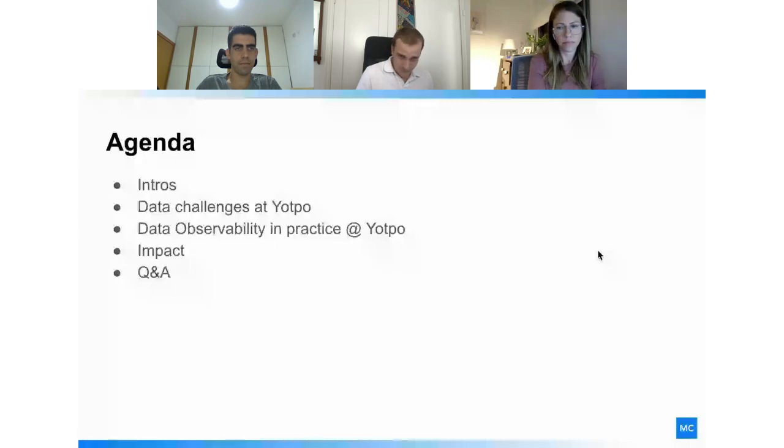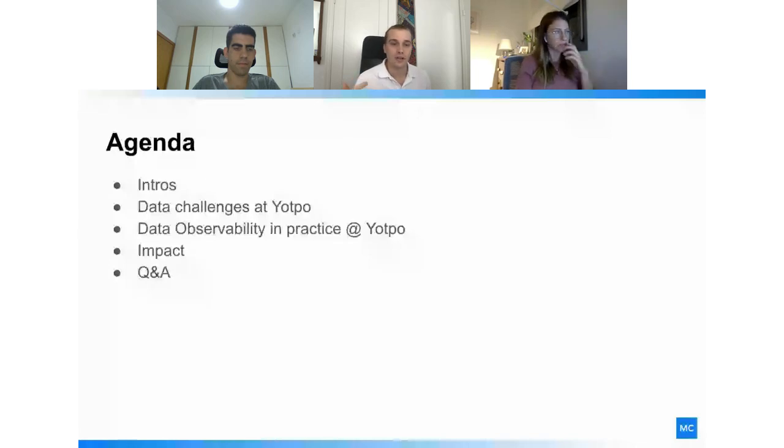And just to put some framing around everything, we'll start off, let Doron and Yoav introduce themselves, and then highlight some of the different kinds of data challenges that Yotpo has been working through. And then we're going to give some examples of how they've been putting some principles of data observability into practice at Yotpo using Monte Carlo.